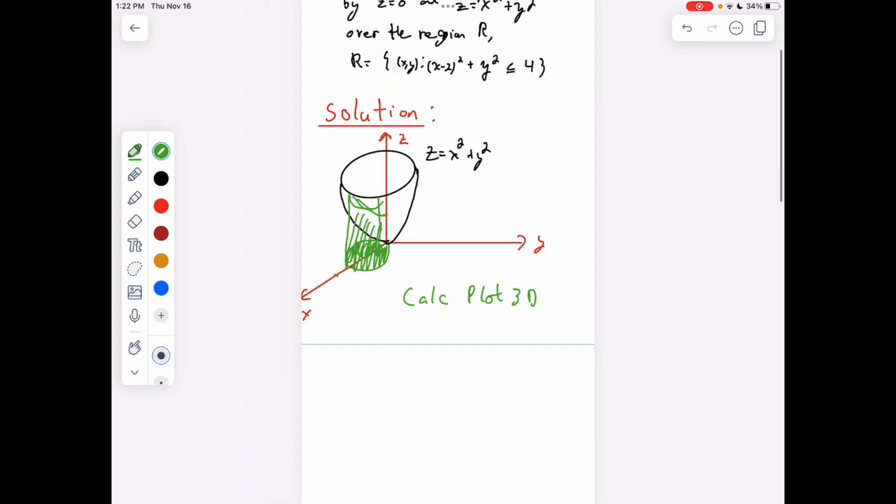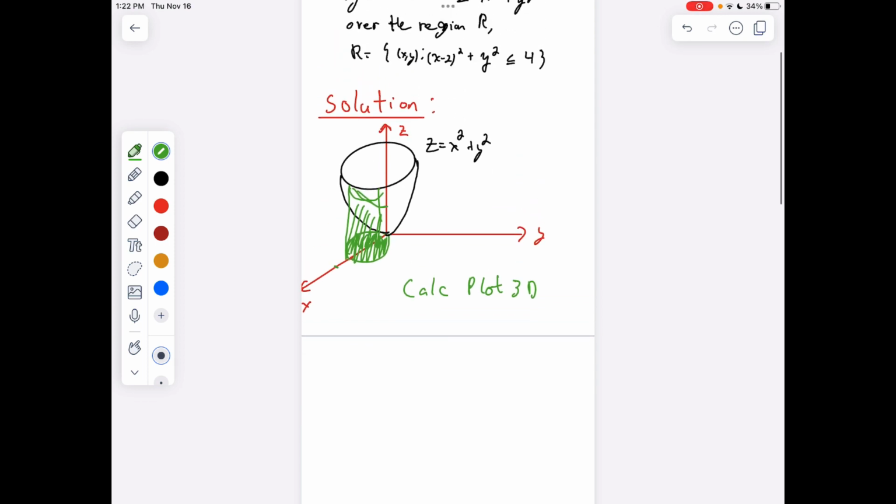All right, so let's move to the actual calculation. We have a rule that says that if you've got a 2-dimensional function that's greater than or equal to 0, then its volume over a region is equal to the double integral over the region R of the function itself, dA.